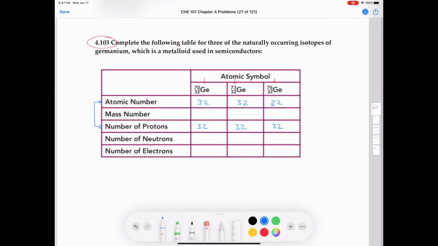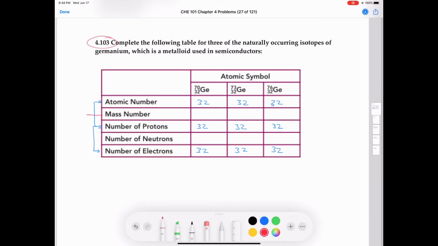I'm going to go down to the last row here, which says the number of electrons. Since none of these isotopes have a charge, that means that the number of electrons should be equal to the number of protons. They should perfectly balance each other out. So that means all of these isotopes would have 32 electrons.